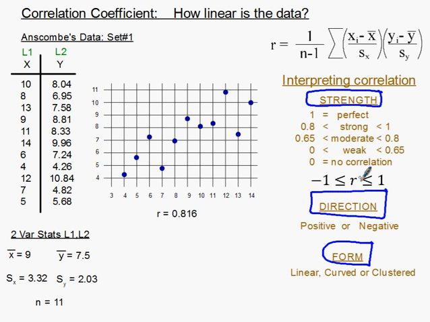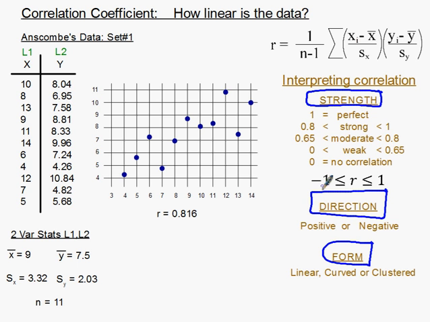Strength is just looking at the number. And these boundaries are just guidelines. There's nothing really magical about 0.8. If it was 0.79, I might still call it strong. These are just guidelines. So, for example, this 0.816, I would say is a strong correlation.